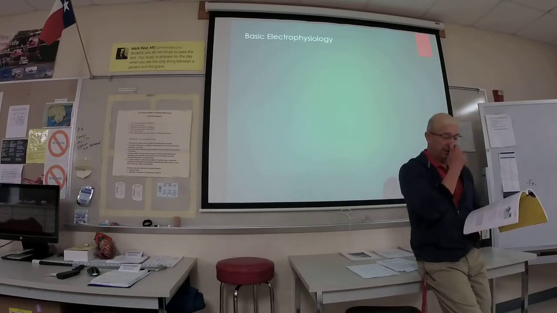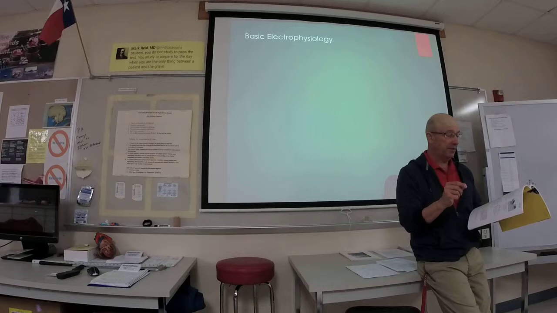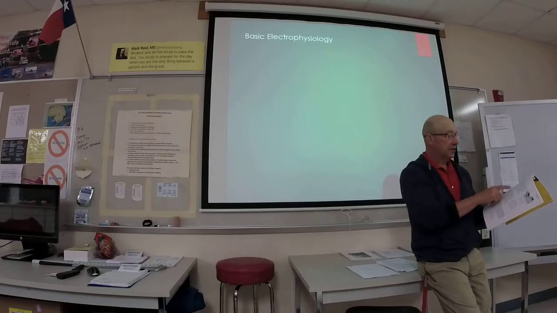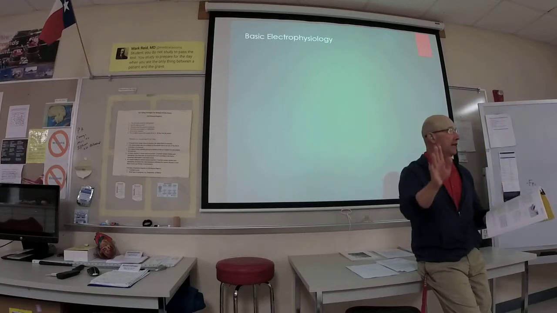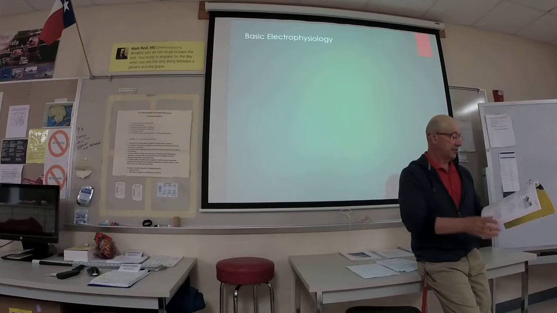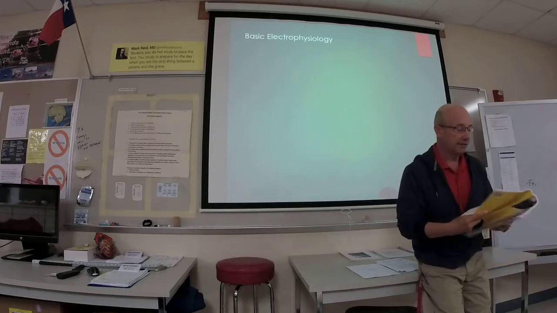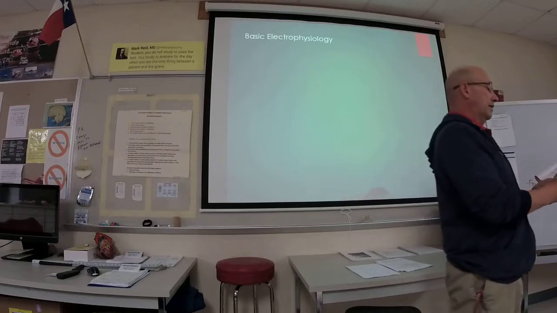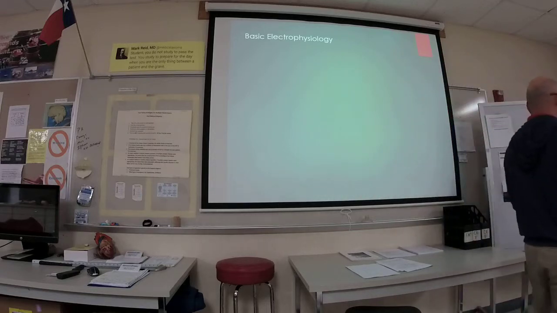The EKG is just graph paper, and it measures the change in potential on the graph paper. Electrical changes in energy over time. Is that the basic definition of it? Standard grid, and again, should be all review.